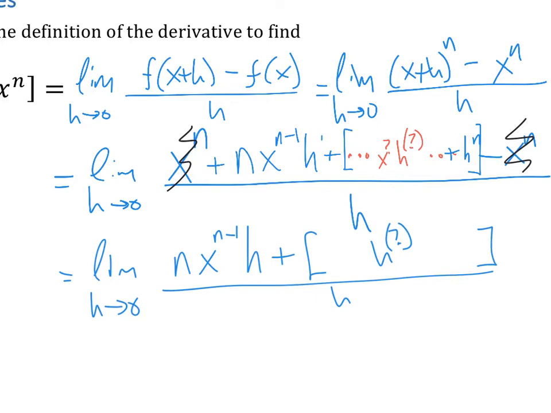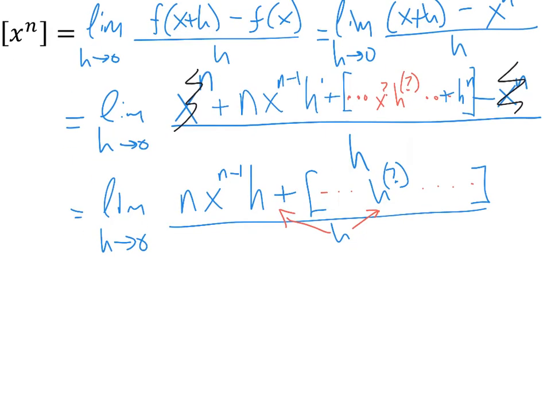Now, to simplify this, we have a bunch of terms here and a single term here. Remember that we divide h into all of these h terms here. Everything's going to get divided by h to the first.